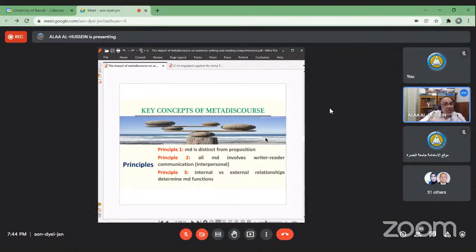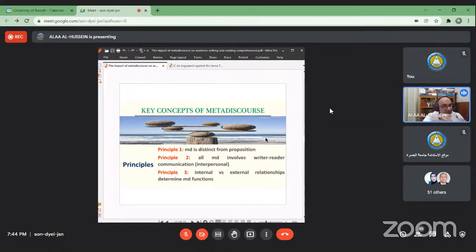We have to analyze the text, and meta-discourse, as you might know, is not fixed. We don't have, for example, a fixed list of meta-discourse. Meta-discourse is identified and recognized, and it functions in context.